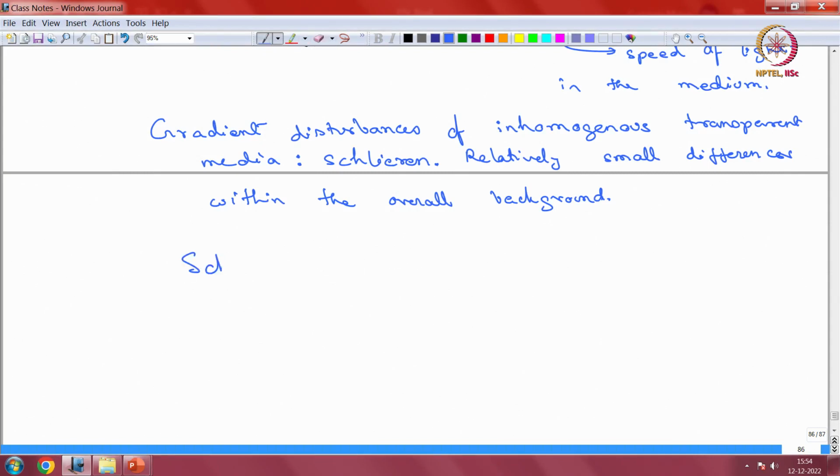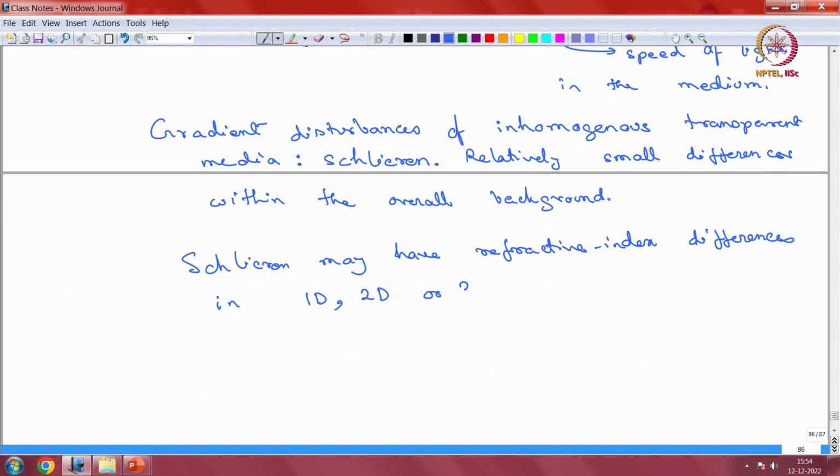So Schlieren may have refractive index differences in 1D, 2D, or 3D.